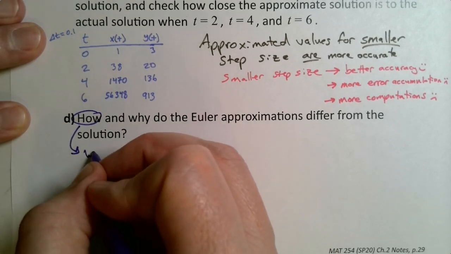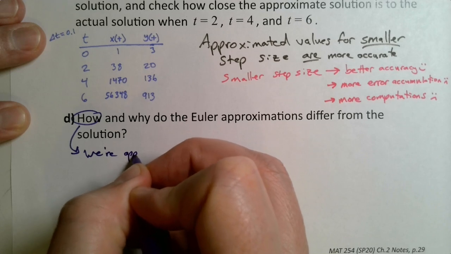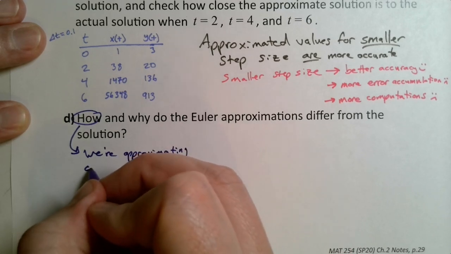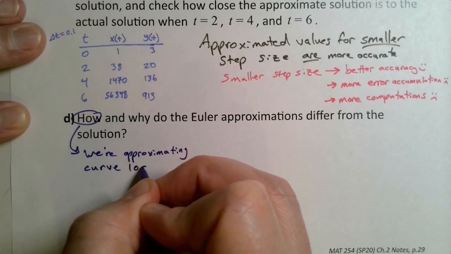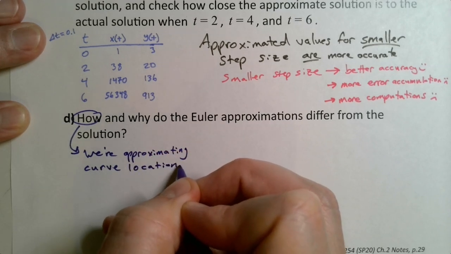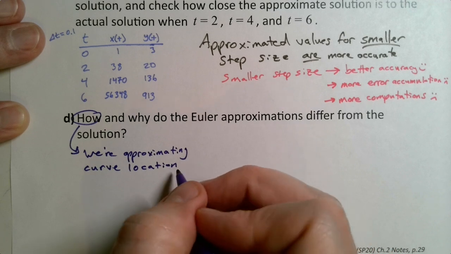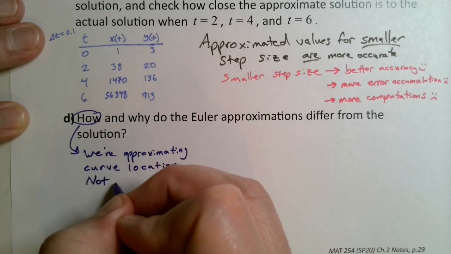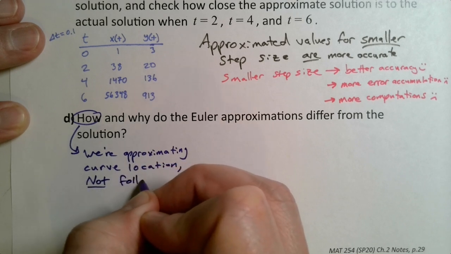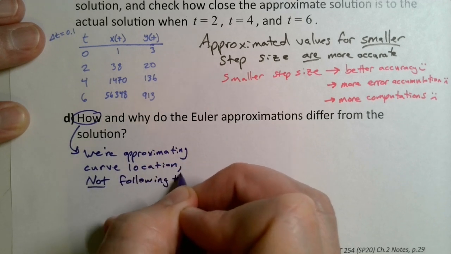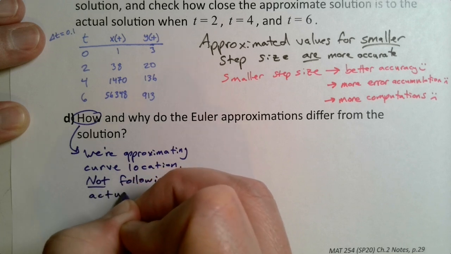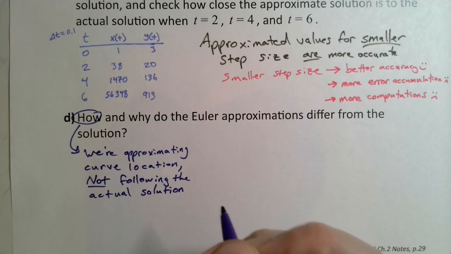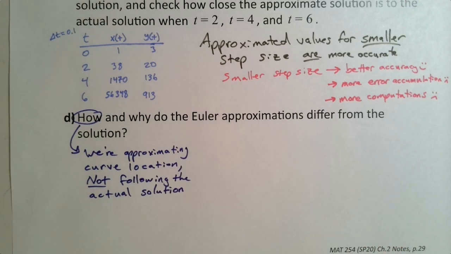Well, we're approximating the curve location, the x and y coordinates, right? So we're not actually following the curve. So we're approximating the curve location, but we're not actually following the solution curve.